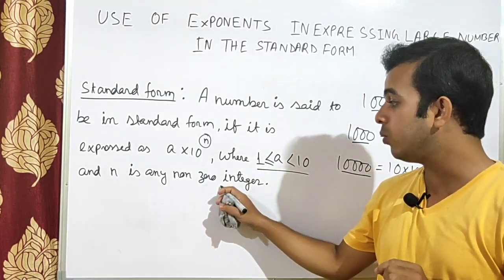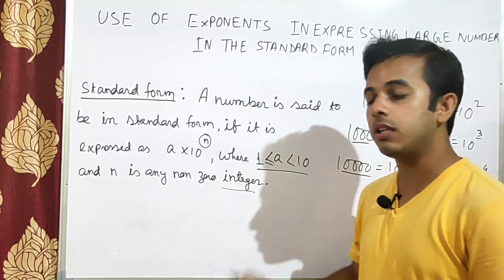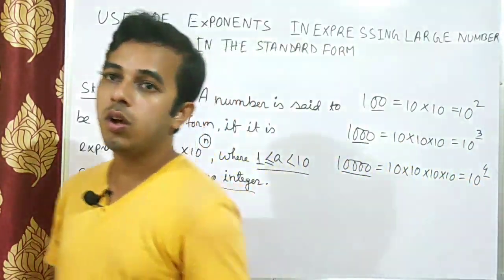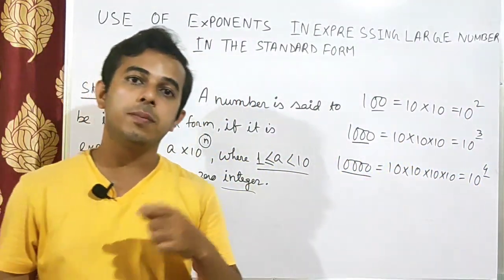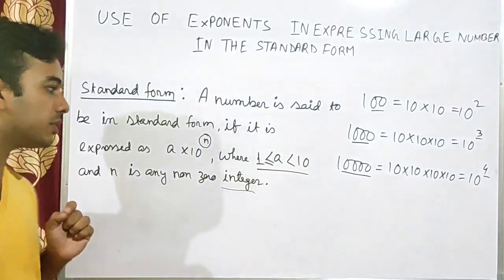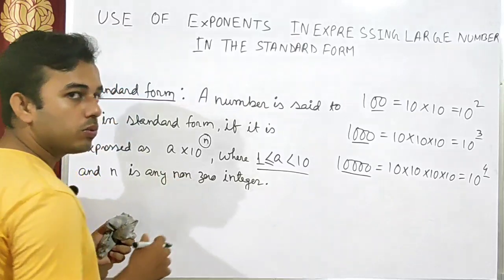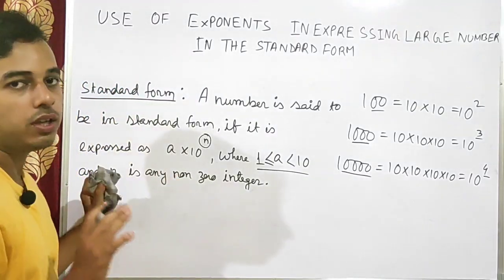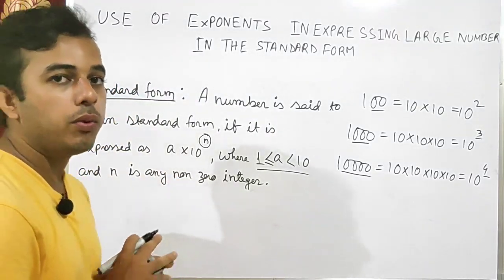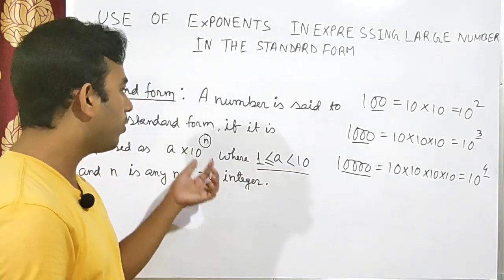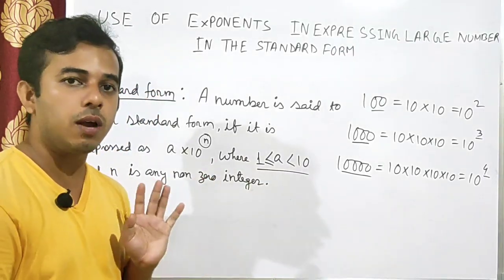Remember one thing I have told you, integers. Clear? Integers are what? All the positive and negative numbers are known as integers. That means in that case we can find 10 to the power minus 2, 10 to the power minus n. At final we can say that we can find 10 to the power n or 10 to the power minus n. Up to this clear?